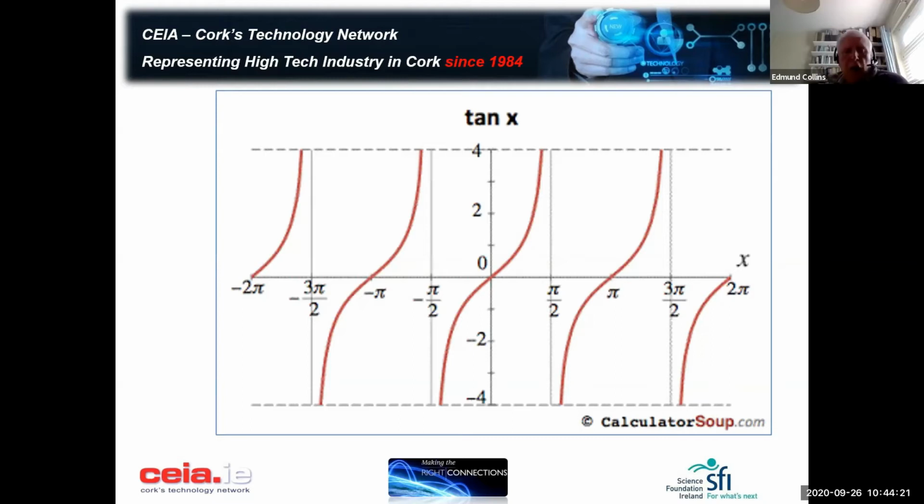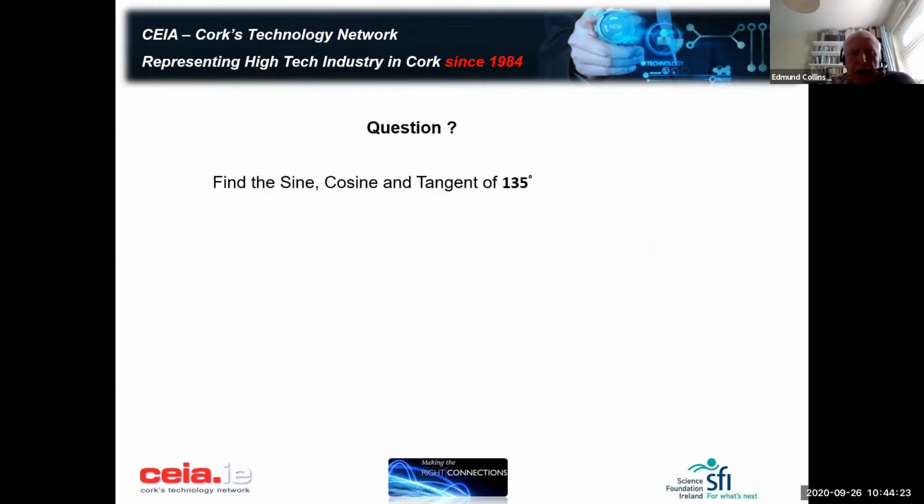So now we've another little question here, again based on the work that we've done with reference angles and sines and so on. Find the sine, cosine, and tangent of 135 degrees. So I'll just give you a bit of time to think about that. So 135 degrees, I'll give you a hint anyway. We're in the second quadrant there.